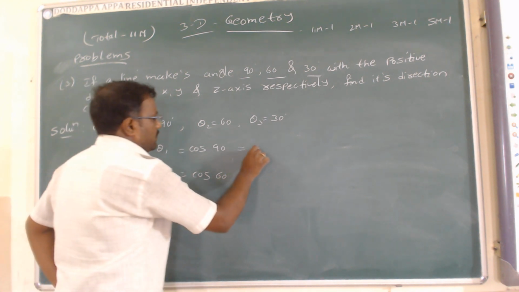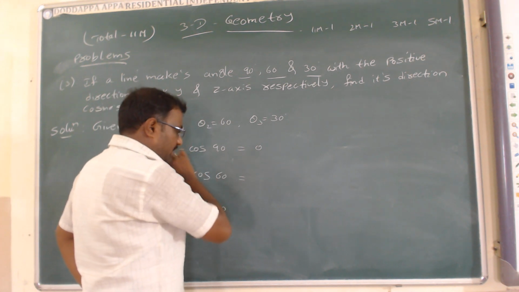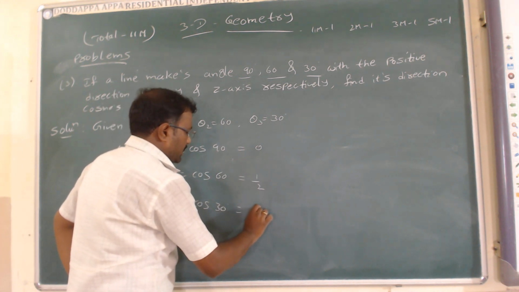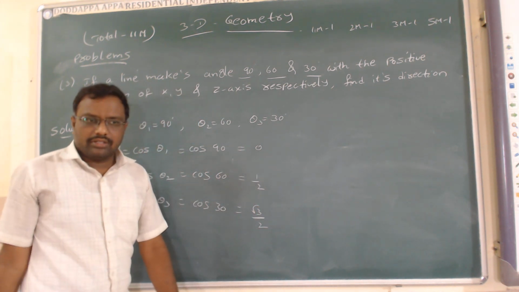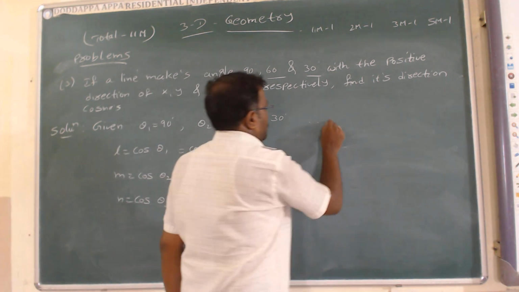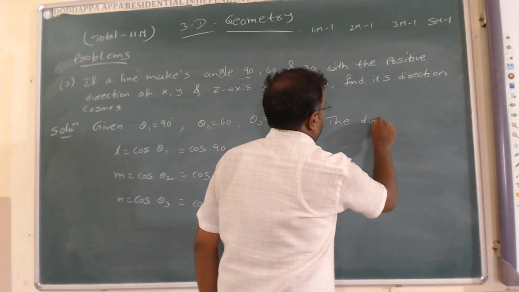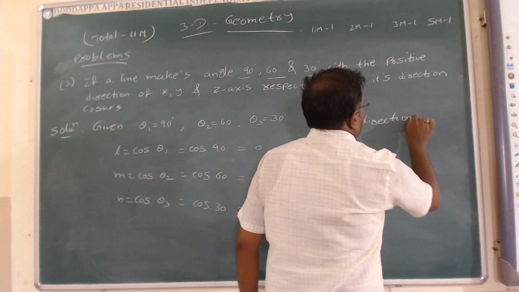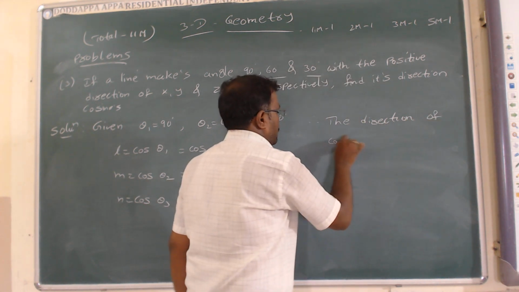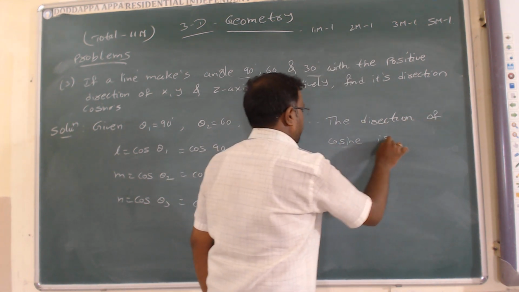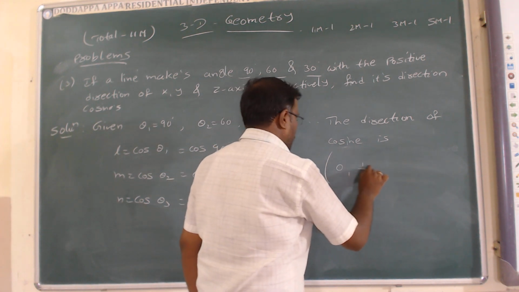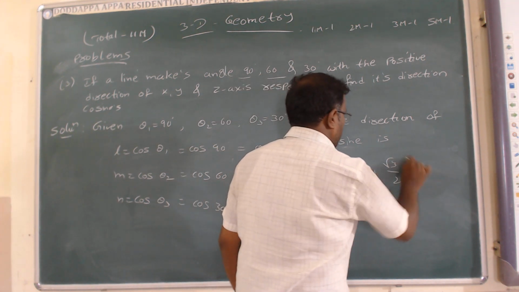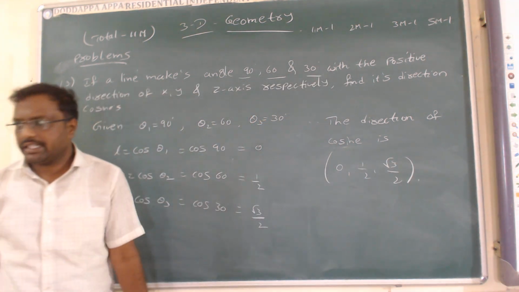Cos 90 is 0, cos 60 degree is 1 by 2, cos 30 degree is root 3 by 2. So therefore the direction cosines are 0, 1 by 2, root 3 by 2. Okay, right.